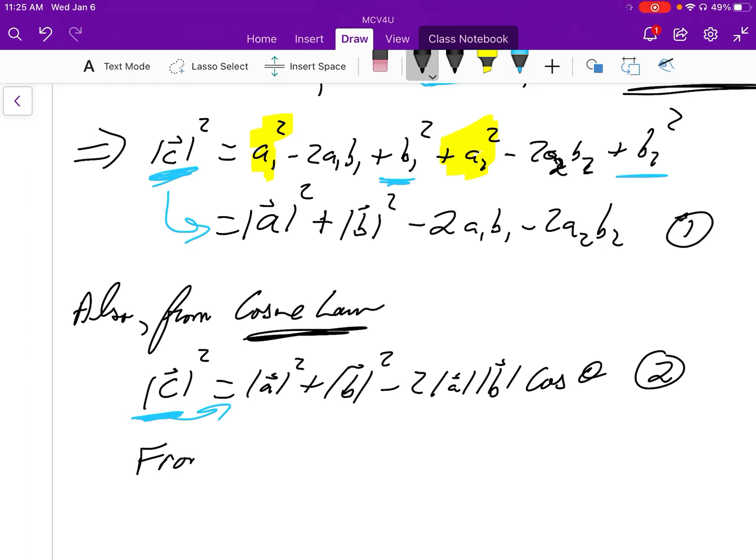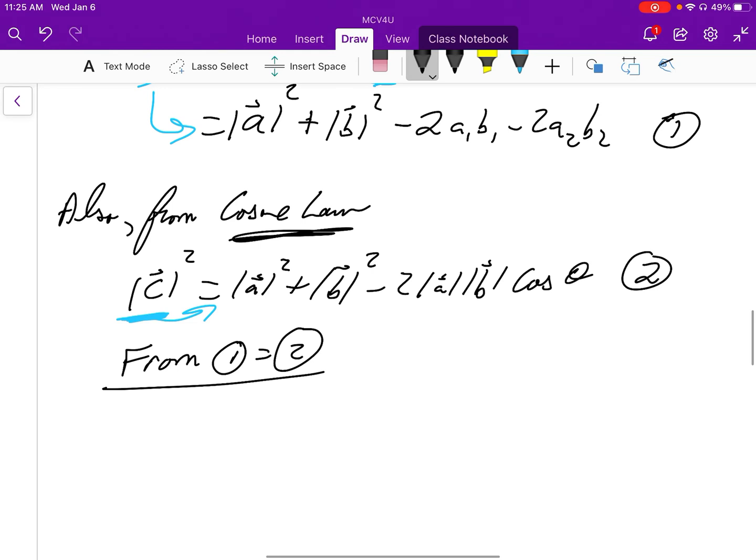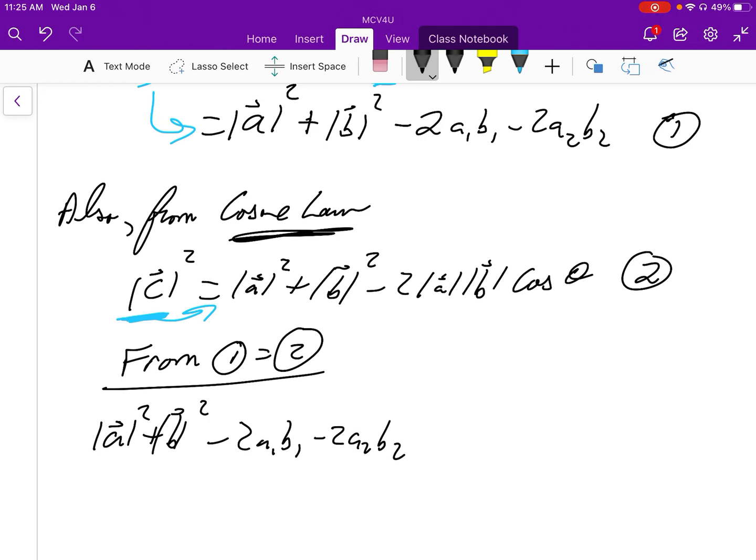We can say from equation 1 equaling equation 2, we get the magnitude of a squared plus the magnitude of b squared minus 2a1b1 minus 2a2b2 is equal to the magnitude of a squared plus the magnitude of b squared minus 2 times the magnitude of a times the magnitude of b times the cos theta.